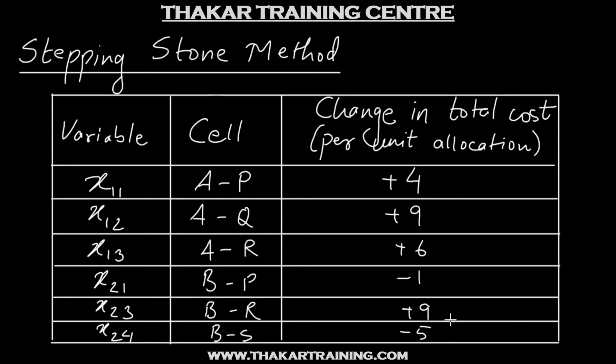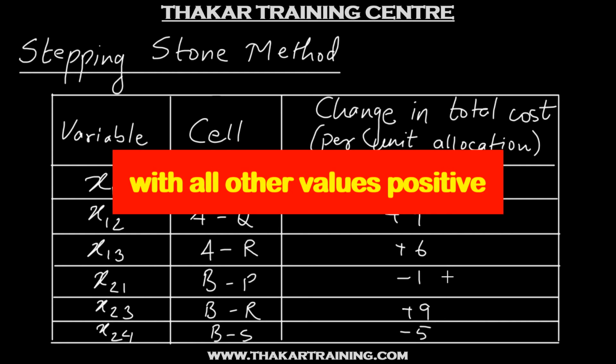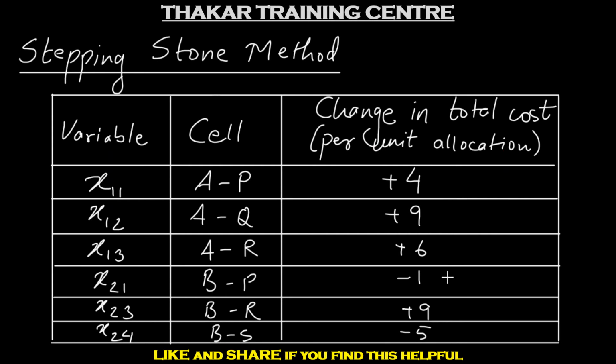If any of them turns out to be 0, then once again the total transportation cost cannot be improved or reduced, but then we have another alternate solution which gives the optimum transportation cost. It means that it is a condition of alternate optimum, and if any of these values are negative, it means that the total transportation cost can be reduced, and then the new solution is obtained as discussed in this video.